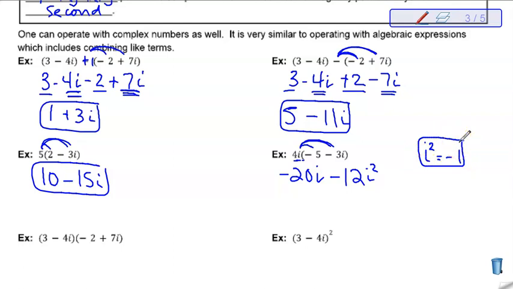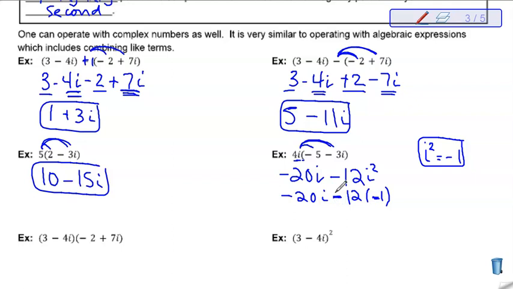So if you get an expression in terms of i squared, it's not a complex number with i squared in it. So you have to get rid of that i squared, exchange that for a negative 1. So I'm going to replace i squared with a negative 1. And what happens? Well, 1 times 12 is still 12, but a negative times a negative ends up becoming a positive.